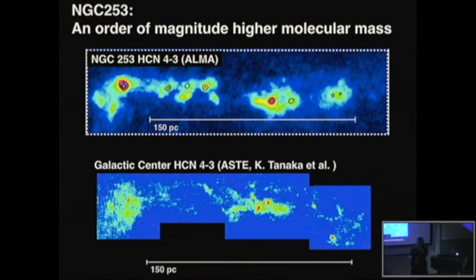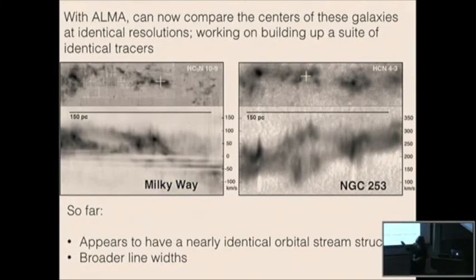One of the really nice things when you start to ask what is actually setting the scales of everything happening is to look not just at the size scale, which again is a gorgeous match, but also at the velocity structure of these two. So here's the same image at the same size scale, but now I'm showing you a position velocity plot. And in both of these, NGC 253 is also a barred galaxy.